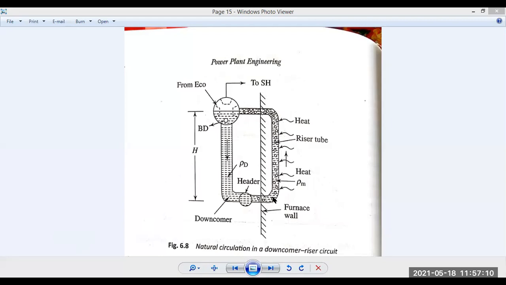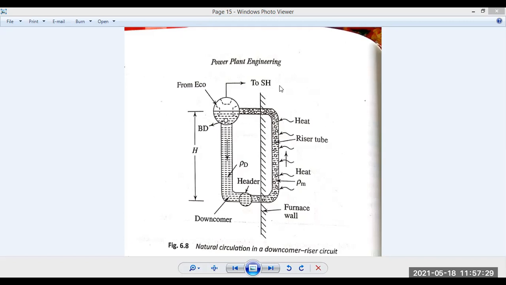It then returns to the drum, and from the drum it goes to the superheater.